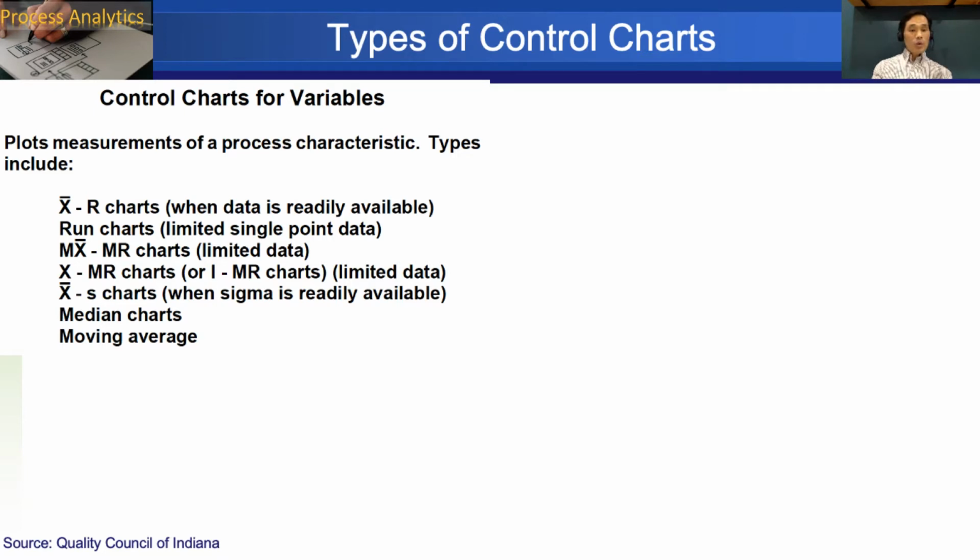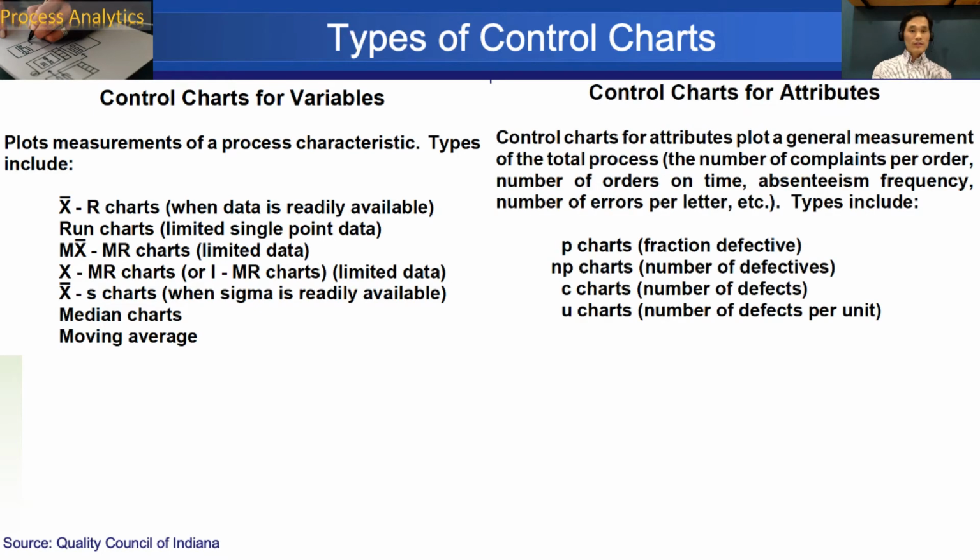The MX-bar MR chart, that's a moving X-bar or moving range chart, is also used when we have limited data. The X moving range chart is also used when limited data is available. For the X-bar and sigma chart, when sigma is readily available, we use that. And we do have the median chart and the moving average chart as well. These are all charts for continuous variables.